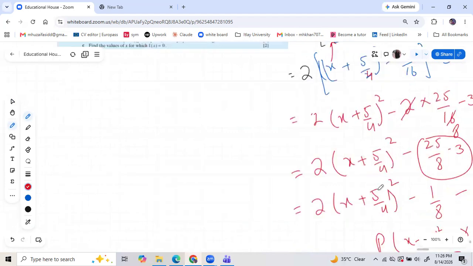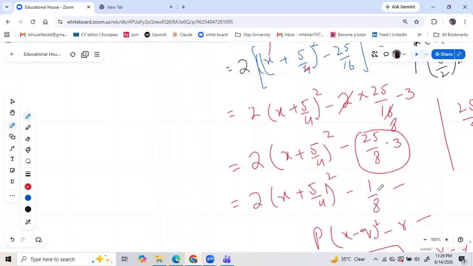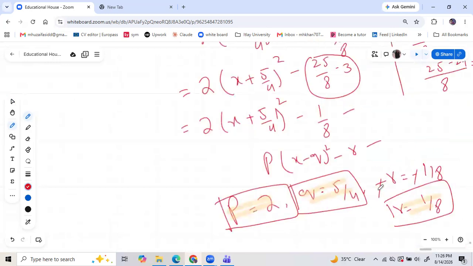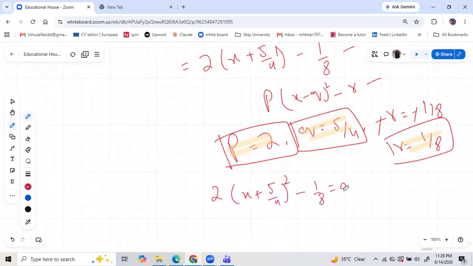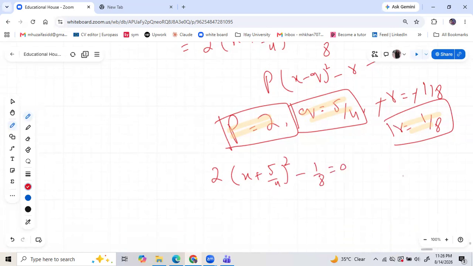From here, if we set this equation equal to 0, our equation is 2 into x plus 5 over 4 of square minus 1 over 8 is equal to 0. So here we want to find the value of x.